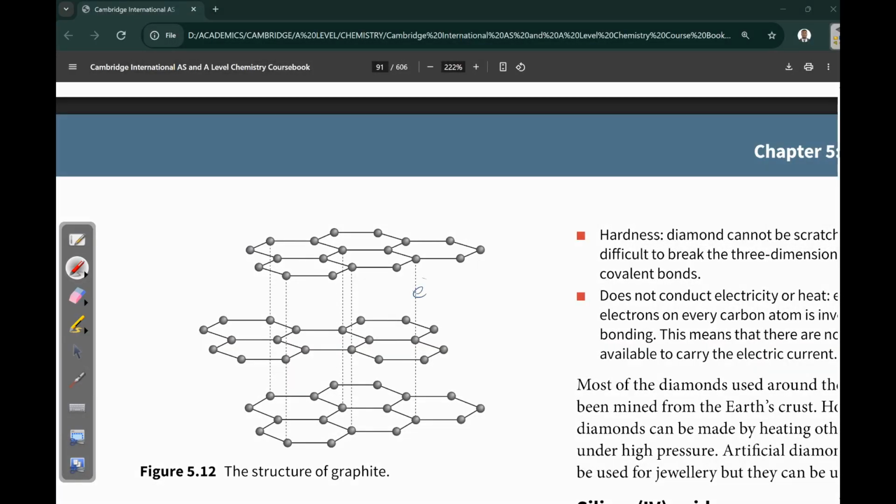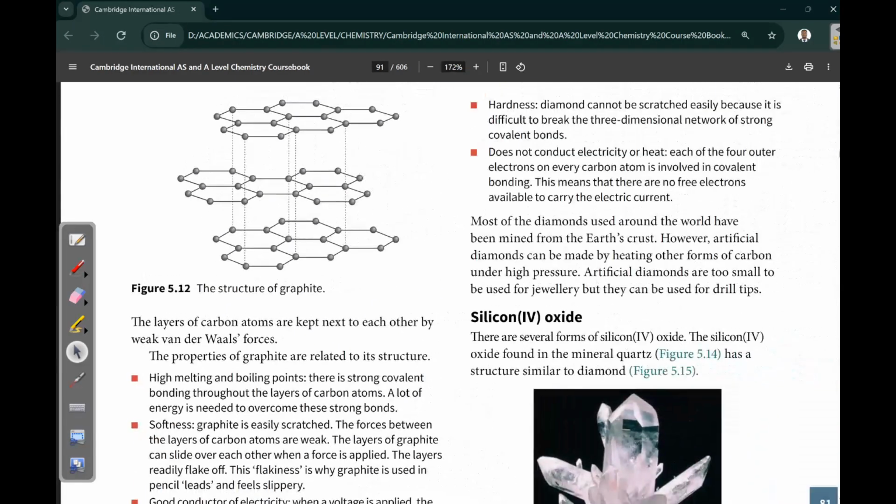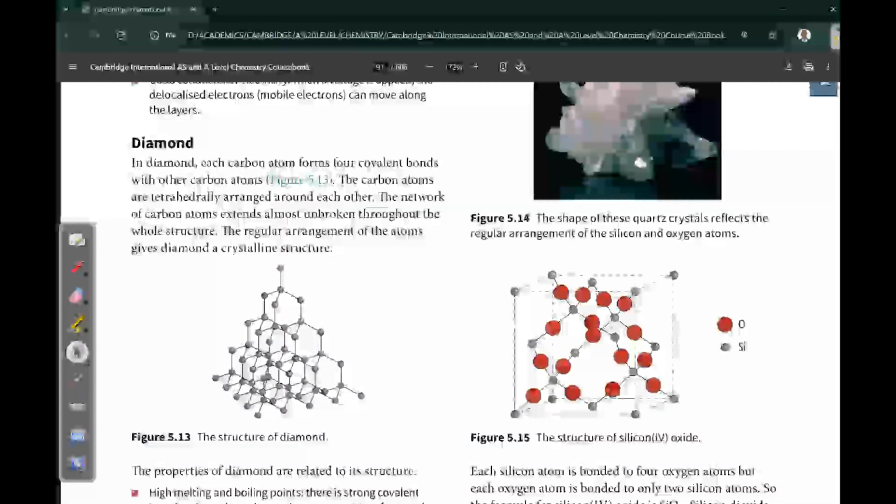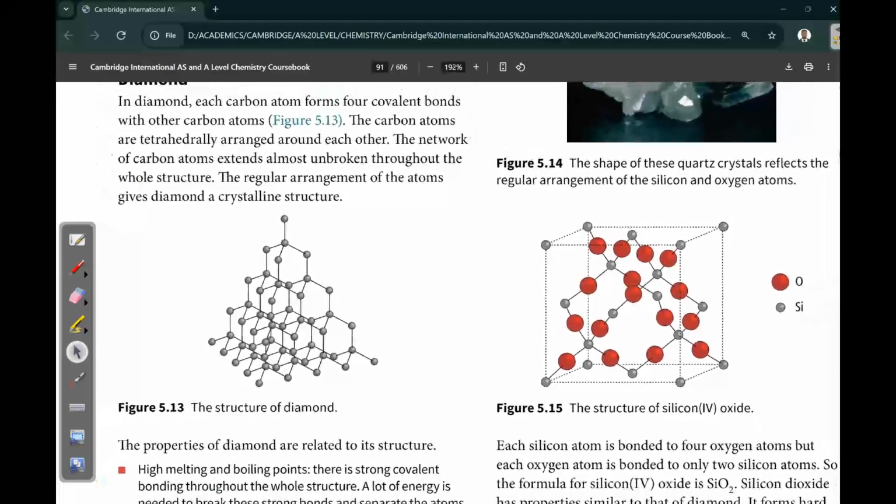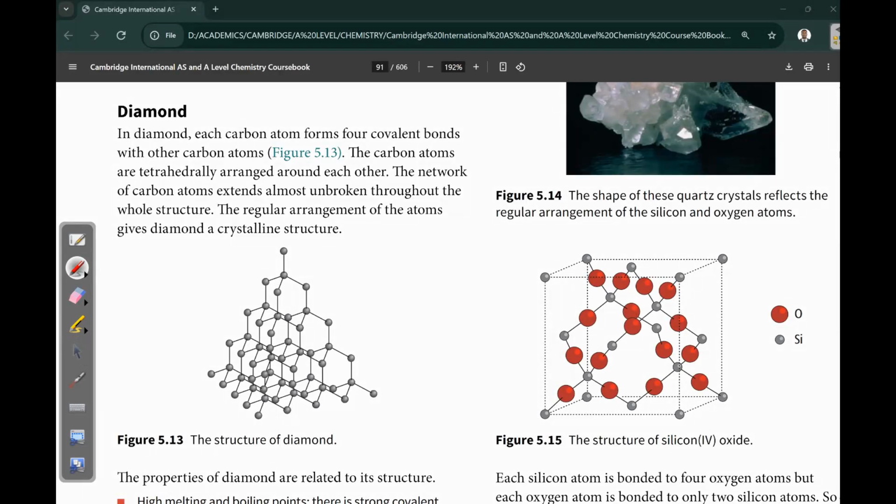Then there are these free electrons that are free to move, making graphite able to conduct electricity. And then when we go to silicon 4 oxide and diamond, you see, this is the one here. For diamond, we are seeing carbon atoms.